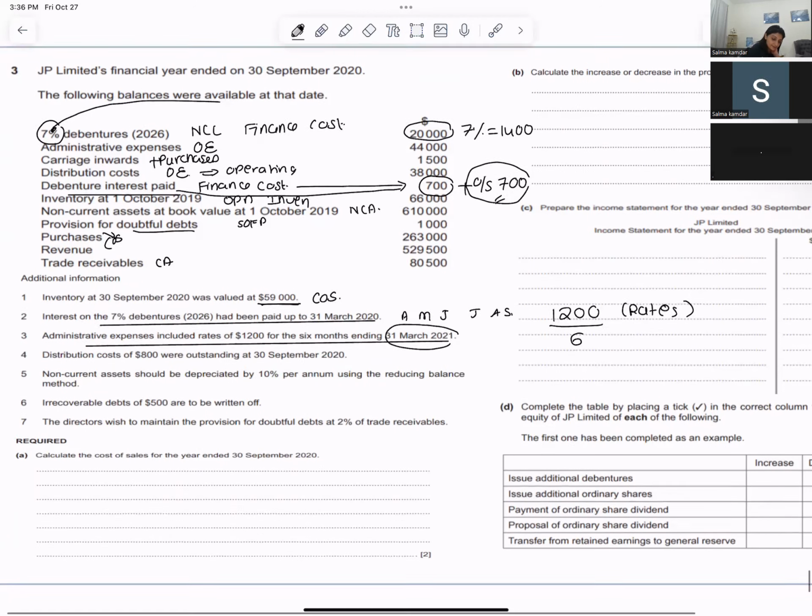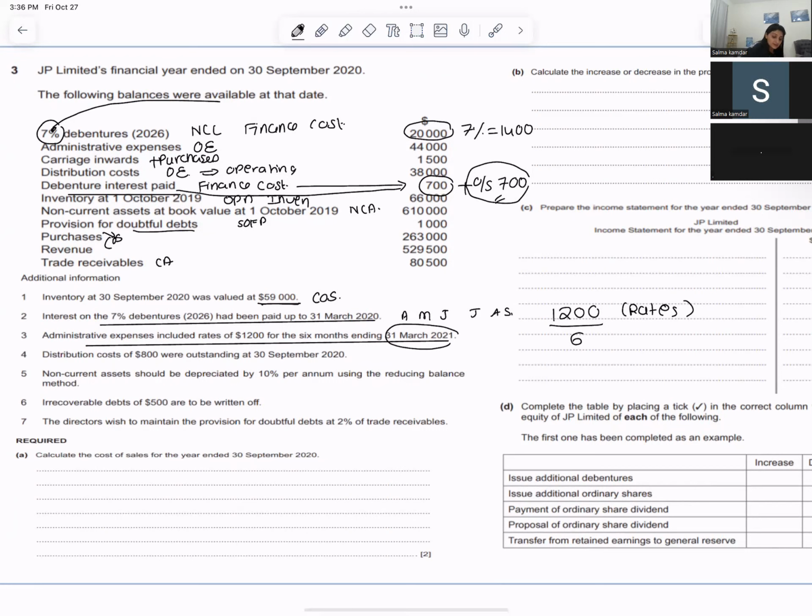6 months. That means per month, how much is the rate? Per month would be 1,200 divided by 6, so per month rates is 200. My year ends on 30th of September 2020. This rates has been paid up to 31st of March 2021.